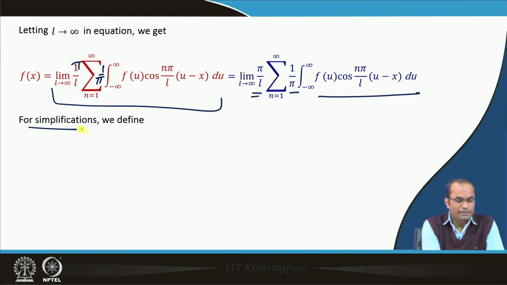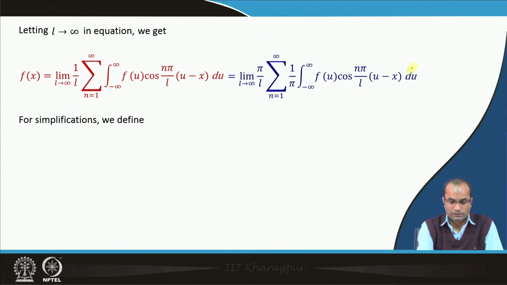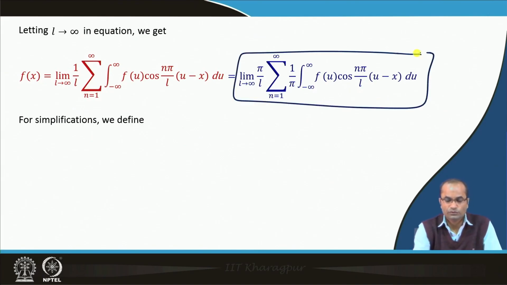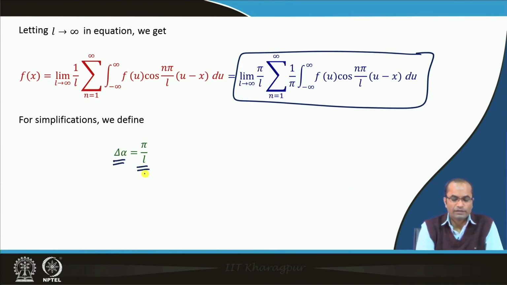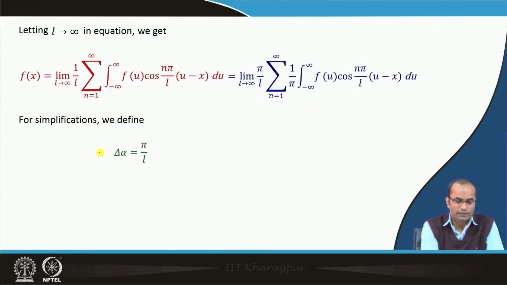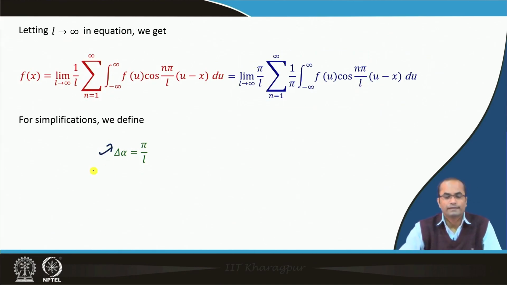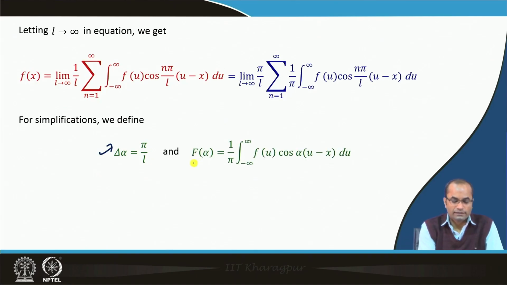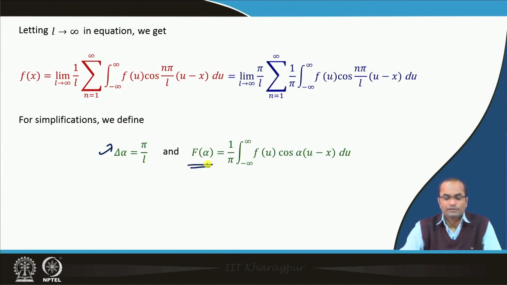For simplification, by introducing some notations we can simplify this term. So, the delta alpha we denote by pi over L. For instance, this pi over L is sitting here and also this pi over L is sitting there. So, we can introduce this pi over L as a new number delta alpha, and the f(alpha), the big F, we can introduce so that we can also simplify this integrand.